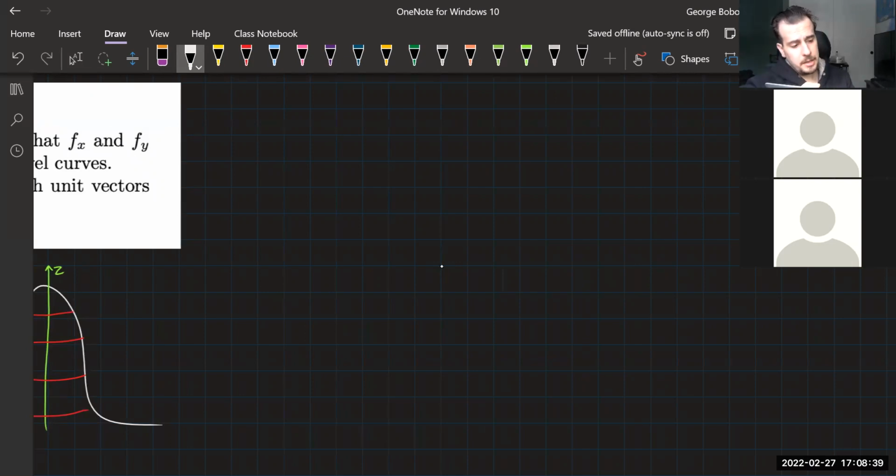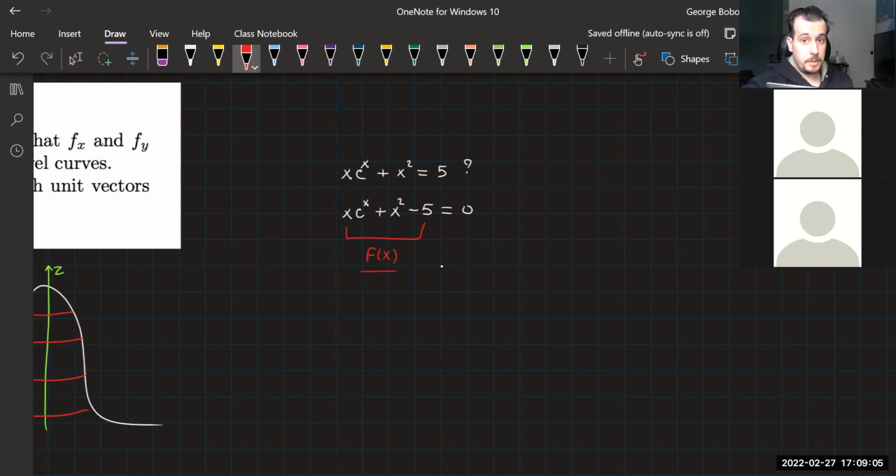They ask you to solve something like this, and you go, okay, how do I solve this? How you do it is, watch this. I'm just going to bring everybody on one side and equate that to 0. And I'll call this f of x. And then you work on f of x and do the bisection method.